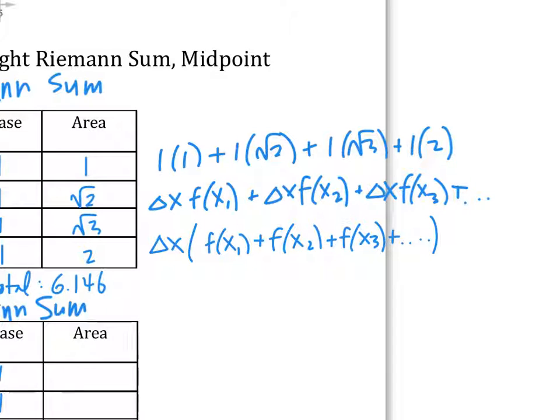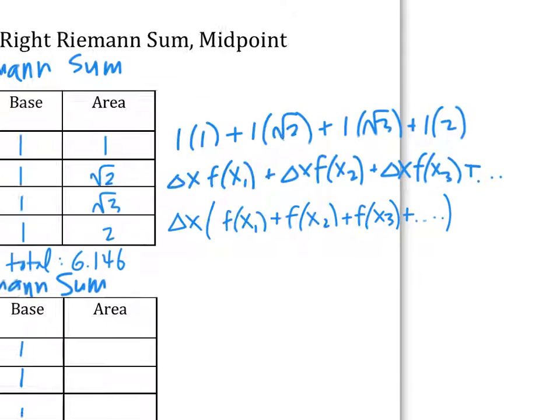But for now, just know that this is a faster way for you to figure out the area of a right-hand or a left-hand Riemann sum without actually filling out a chart. Just the base times the sum of all the heights. And how you find the height is up to you, whatever is easier for you to list out all the heights. Okay, next.